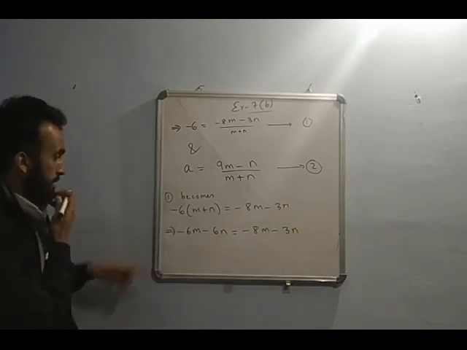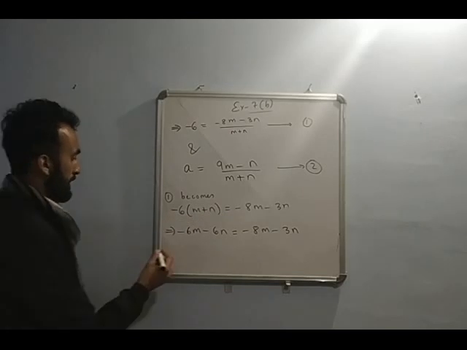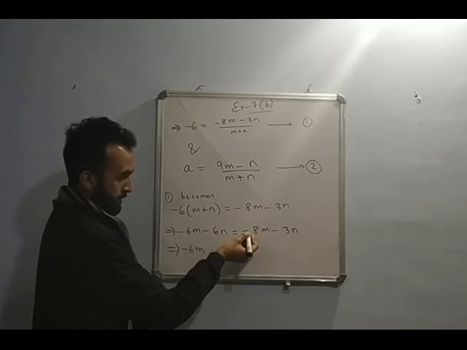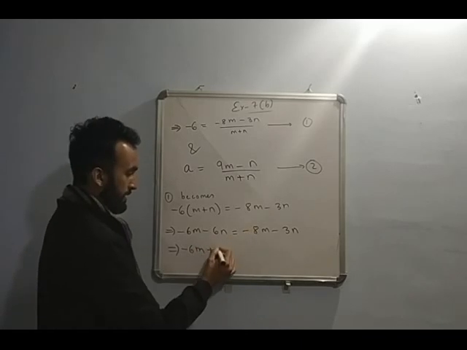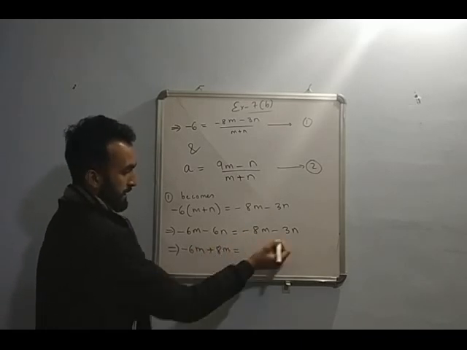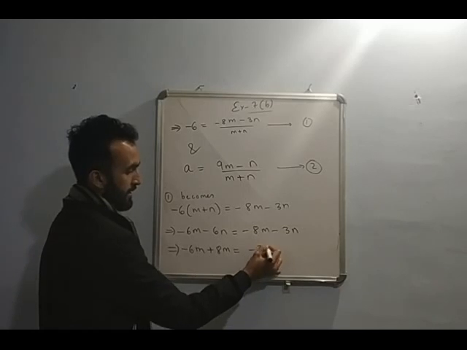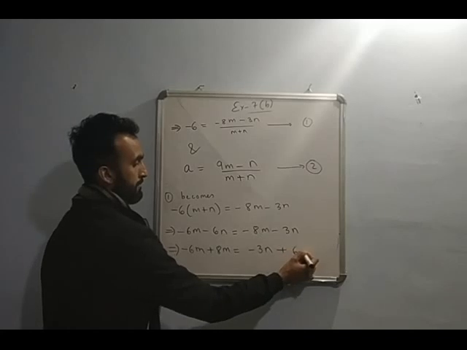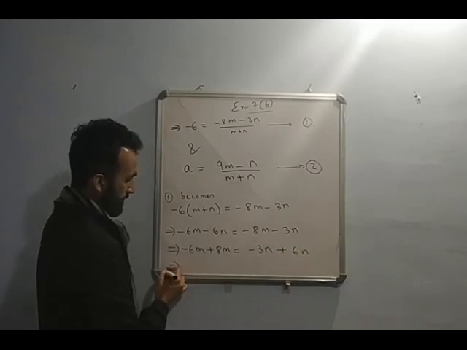Correct till here? Minus 6 is multiplied to both. Now m and m you combine together, minus 6m. This minus 8m will come this side, plus 8m. Already there, what is there? Minus 3n is there. I'll shift minus 6n and that side will become plus 6n. Clear, no? This is simple maths only.